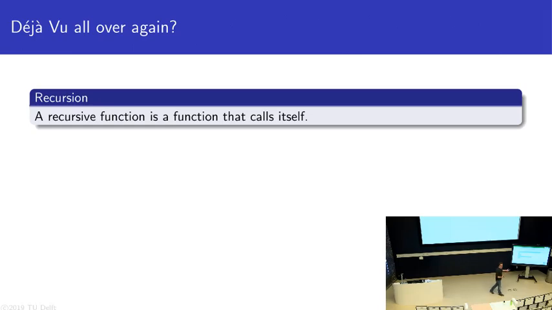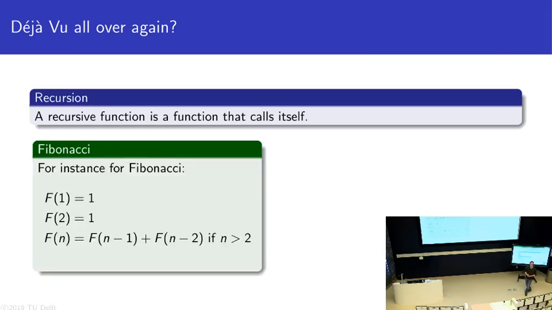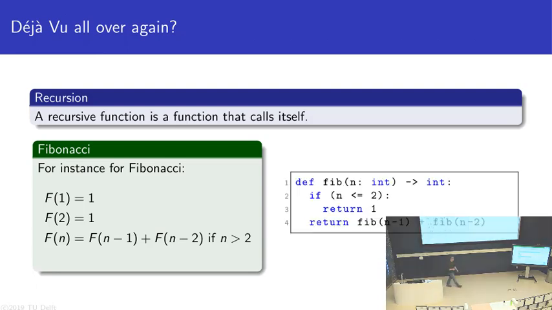And the example that I always choose for that is the Fibonacci series. To find the nth Fibonacci number, I just need to add the previous two together. So I need to add F(n-1) plus F(n-2) together.